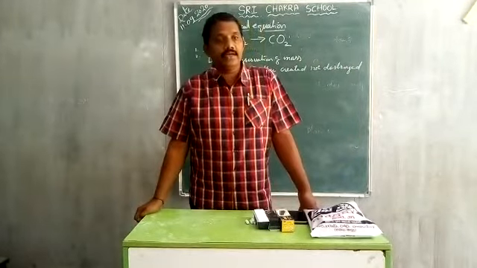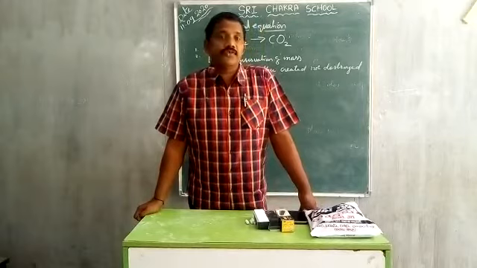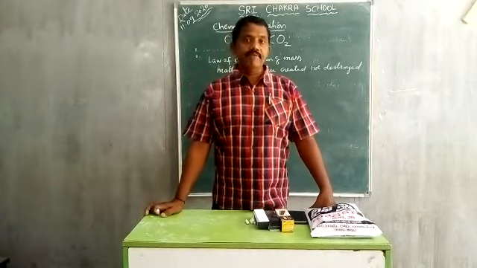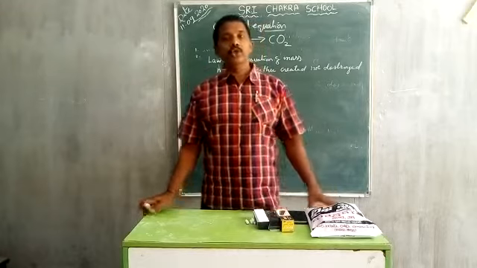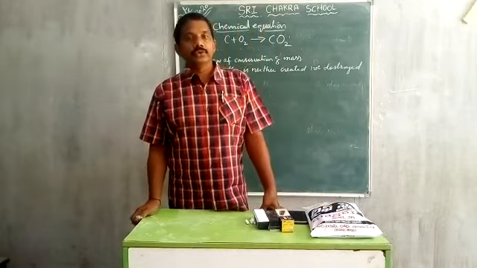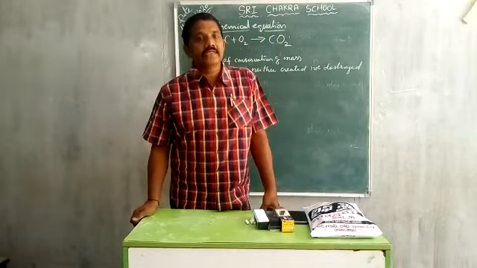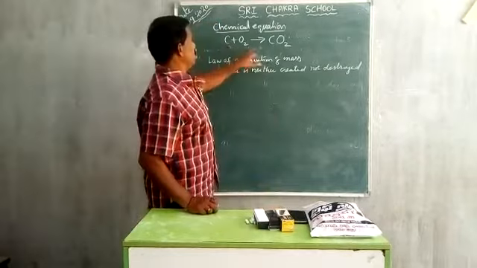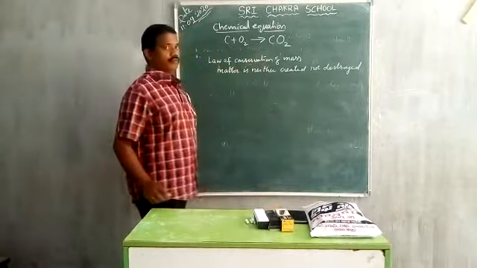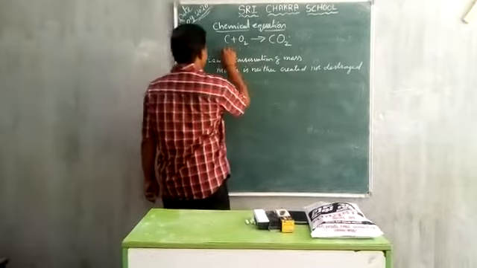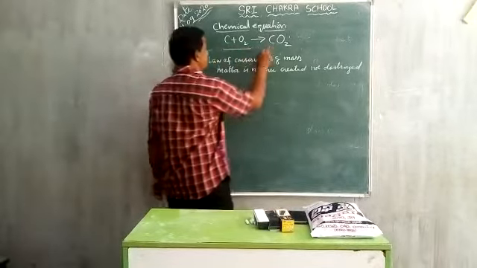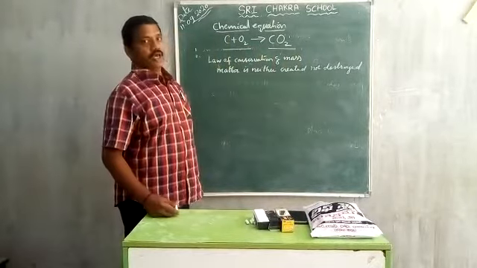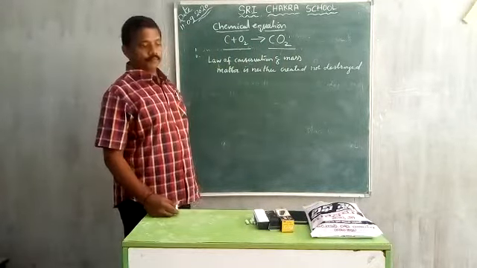It means that number of atoms of reactants before the reaction should be equal to number of atoms of products formed after the reaction. You take a chemical equation like this. In this, number of atoms of reactants should be equal to number of atoms of products formed after the reaction.